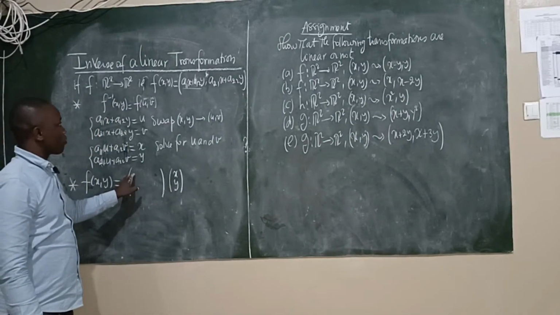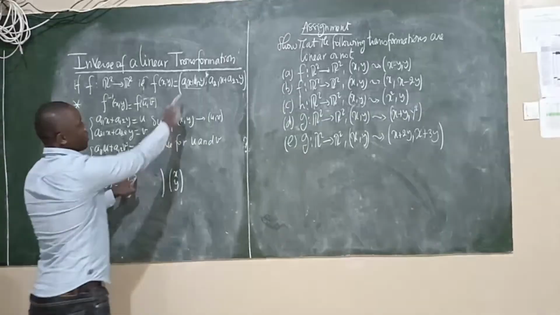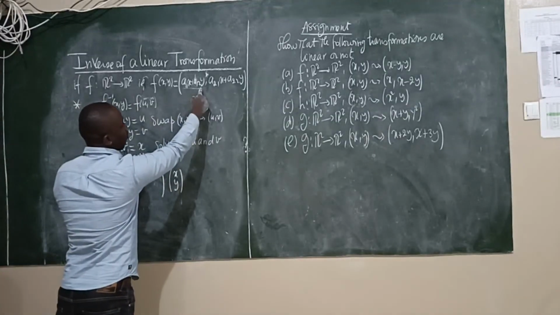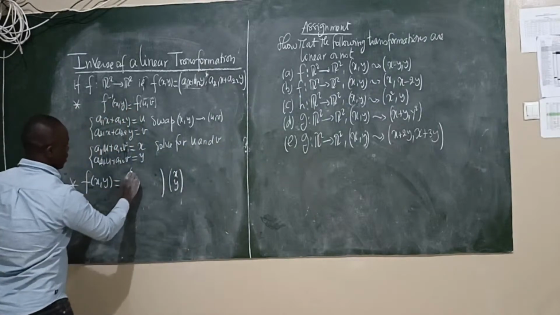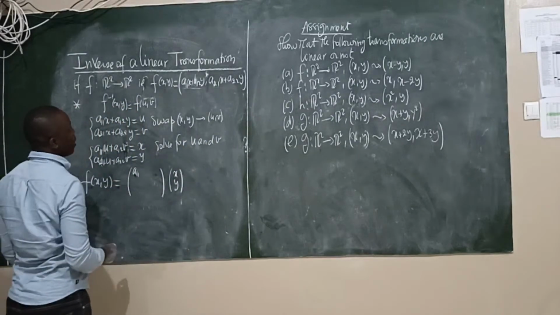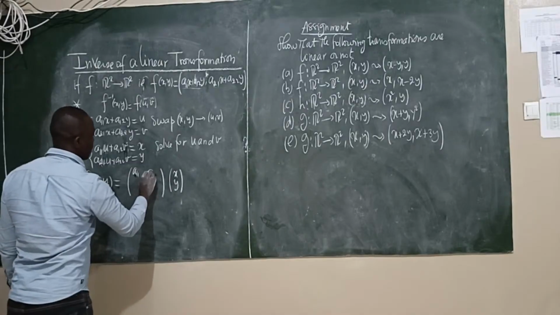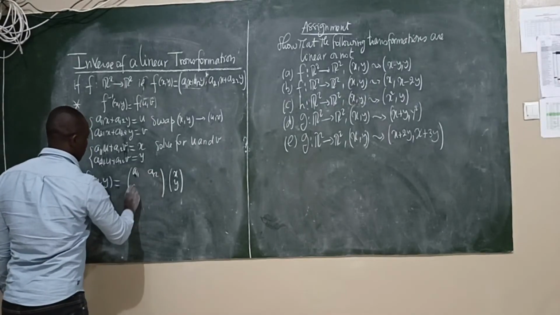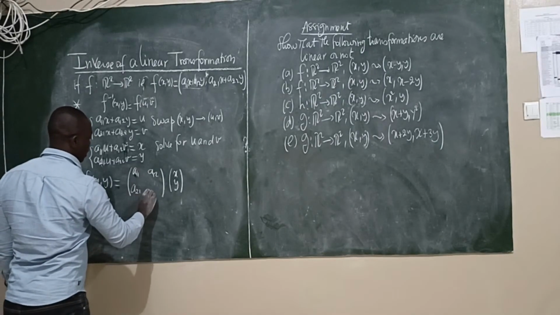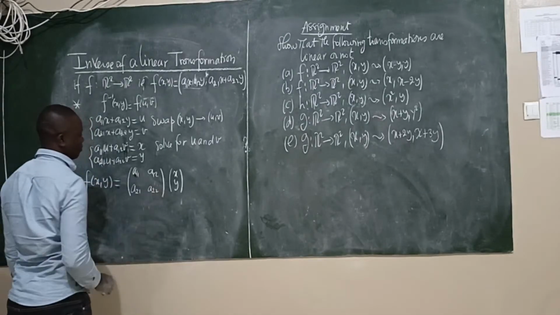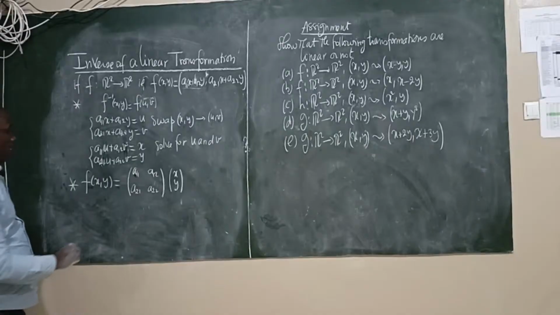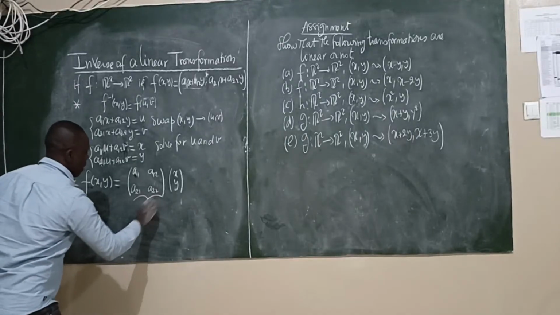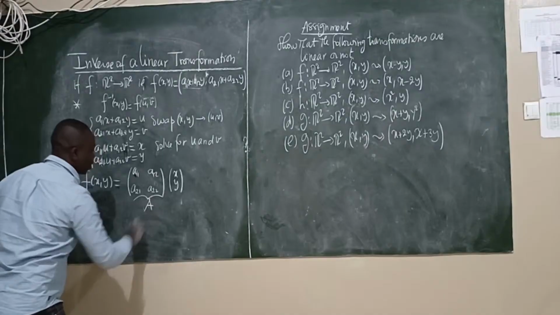This matrix is formed by taking the coefficients. This must be row 1, while this must be row 2. This is going to be a11 and here is a12, and this is a21 and this is a22. Assume this is a matrix A.